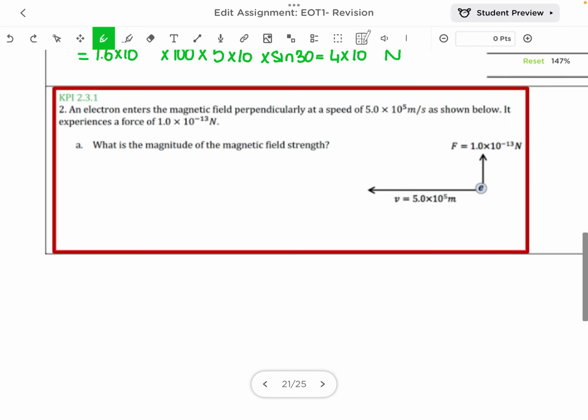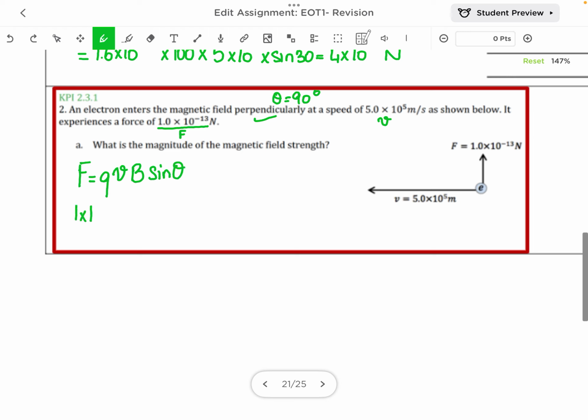A very similar question. You have an electron that enters the magnetic field perpendicularly. That's okay. So this means at an angle equal to 90 degrees, at a speed given, and it experiences a force of this much. What's the magnitude of the magnetic field, given the relationship between the magnetic force on a charge entering a magnetic field? Q V B sine of theta.